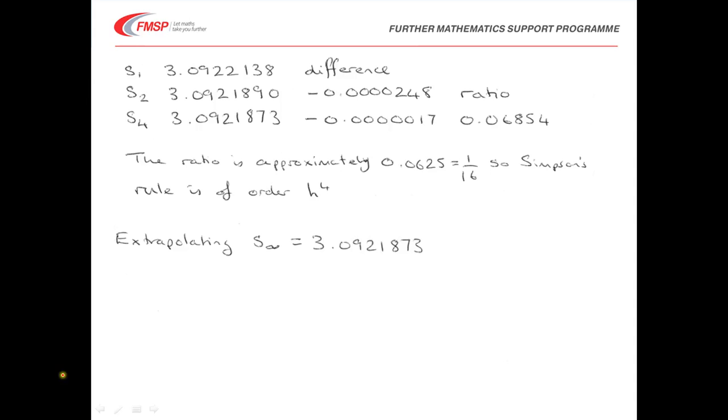To do that you use the last calculated value, then you use your last difference, which is then divided by 16, then we add that divided by 16, then that divided by 16 again. So we can take out a factor of that negative 0.0 whatever, and we end up with a geometric sequence with the first term of 1/16 and a common ratio of 1/16.